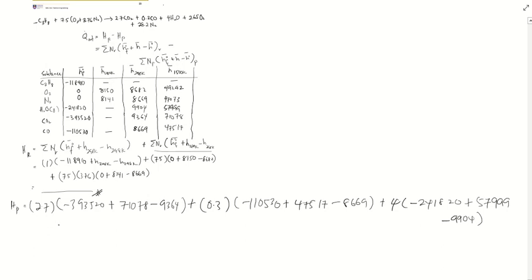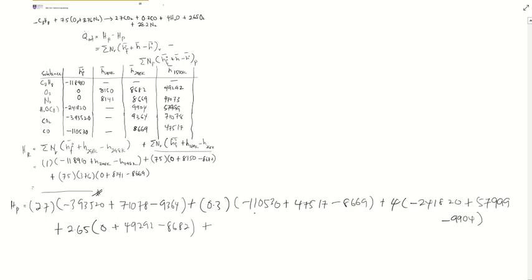Next we calculate for O2. So O2 is 2.65, the number of moles 2.65 multiplied with 0, the enthalpy of formation, and then H at 1500 Kelvin is 49,292 minus 8682.